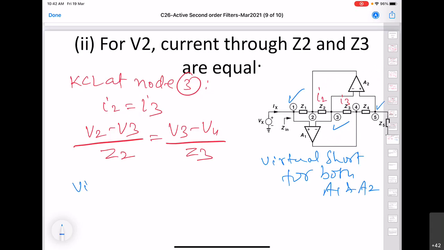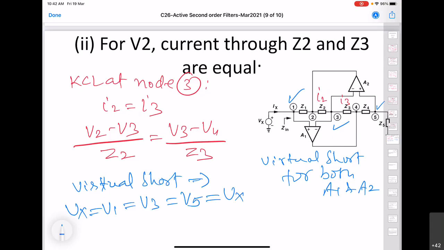So virtual short implies V1 is equal to V3 equal to V5, and V1 is equal to Vx. So V5 is also equal to Vx, and of course V3 also.